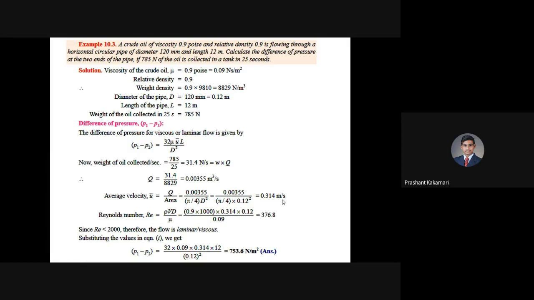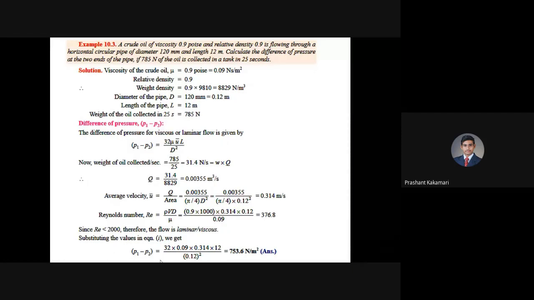Okay. So next we need to find the pressure difference. Now see here in this formula we have the mu value, the average velocity, the length of the pipe already given, and the diameter is also known. So from this one can use the pressure difference equation and find the pressure difference value.